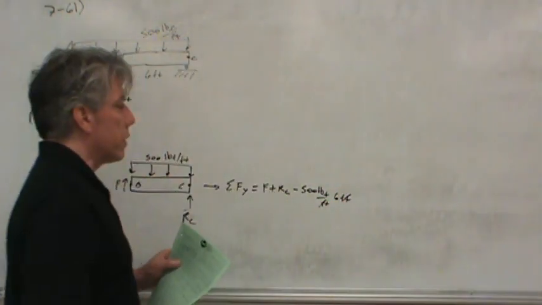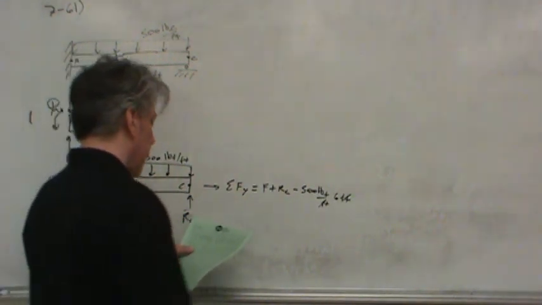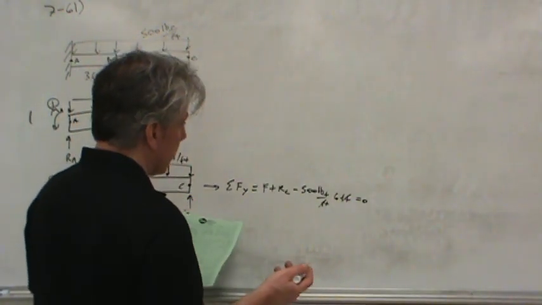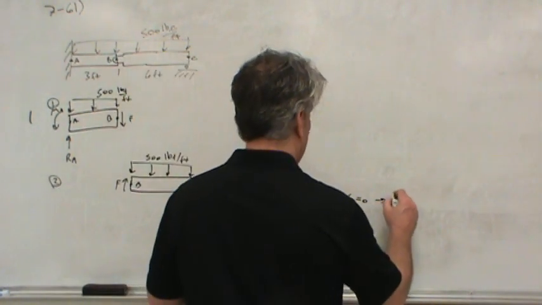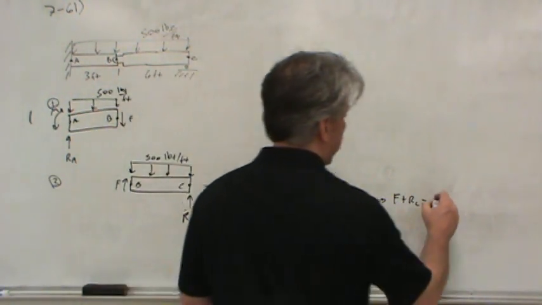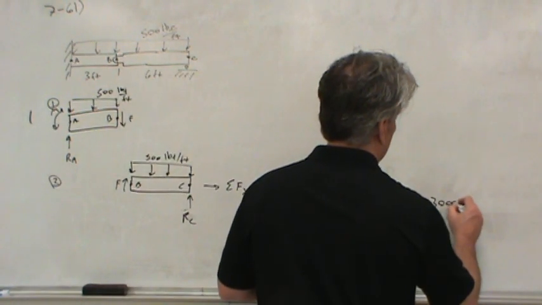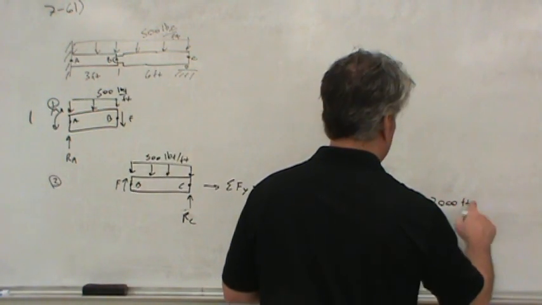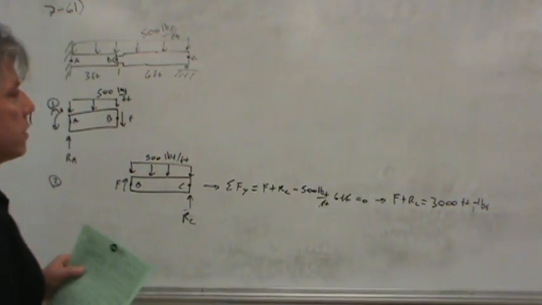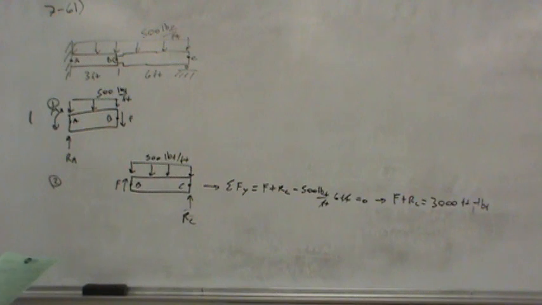So there's our resultant load. This sum should come out to 0. Basically what this says is that F plus RC is equal to 6 times 500, or 3,000. So F plus RC is 3,000 foot-pounds.